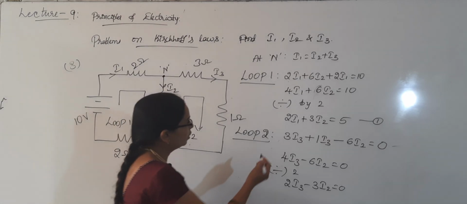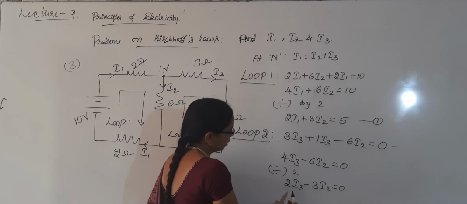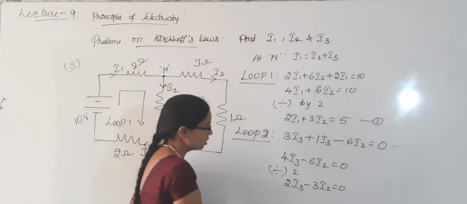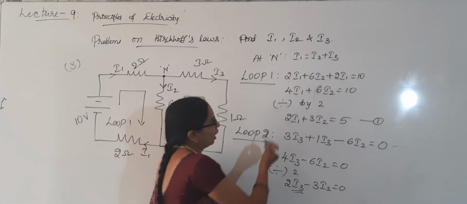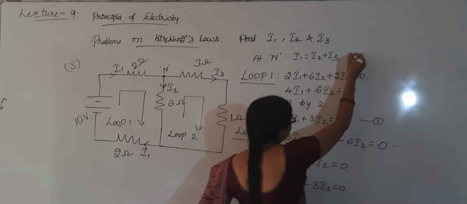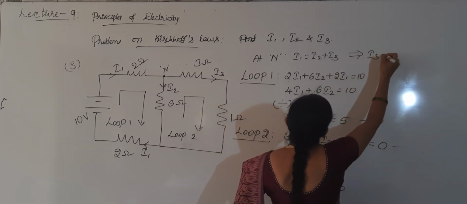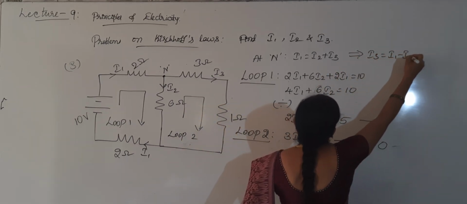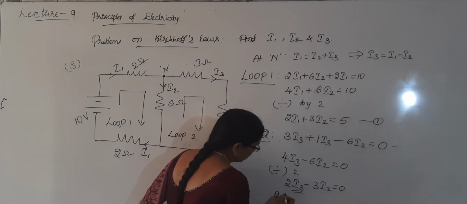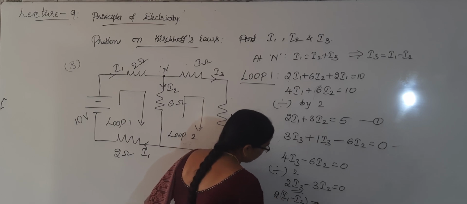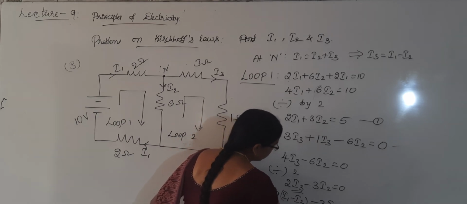Here I have I1 and I2. So I will make this equation with I1 and I2 variables. So I will substitute for I3. I3 is equal to I1 minus I2, I can call. So 2I1 minus I2 minus 3I2 is equal to 0.